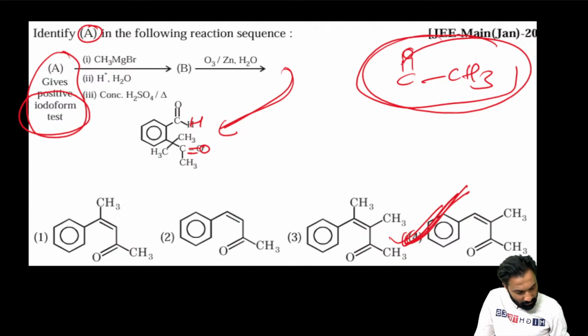Only 4 will give you the correct answer, because if you break the double bond here, you will get the aldehyde, and this group will migrate to which position? To the ortho position of this one, right? Now only this compound will give you the answer.